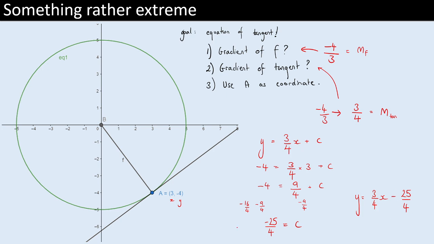Now that makes more sense. If I had 7/4, that would have been up here. But my y-intercept definitely is not up there. My y-intercept is definitely down there. Now 25 divided by 4 would be 6.25. So negative 6.25, that does look pretty good for where that tangent crosses the y-axis.